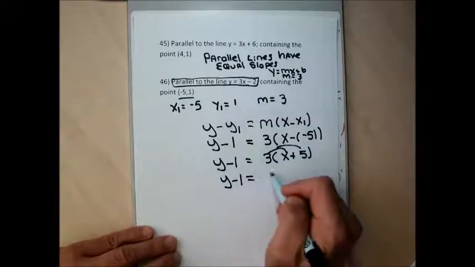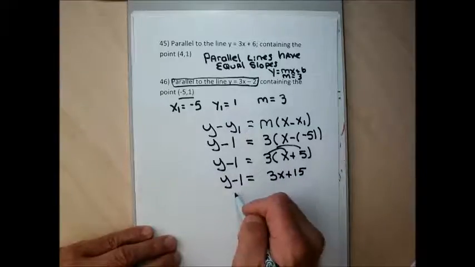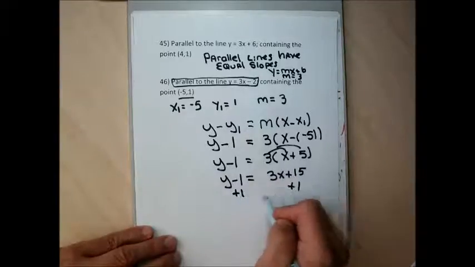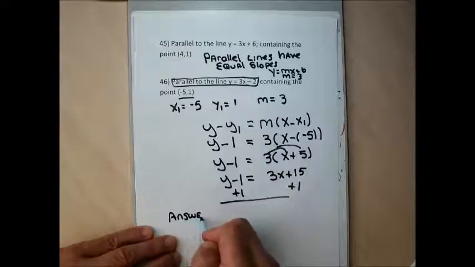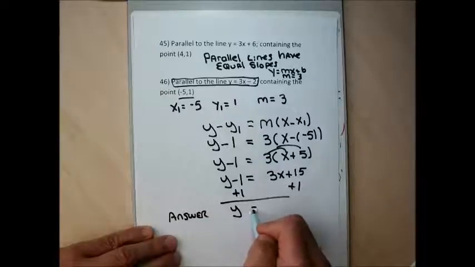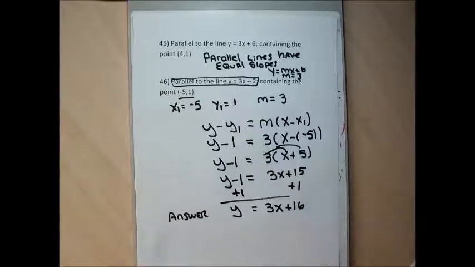That gives me y minus 1 equals 3x plus 15. Add 1 to both sides, and that will give me my answer of y equals 3x plus 16. All right, so that should be real similar to 45.